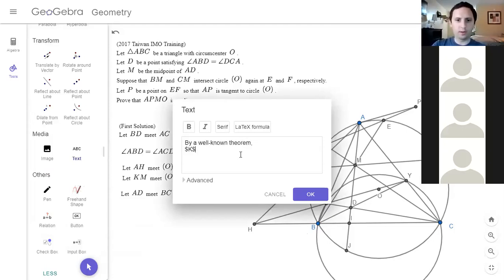So K is the Miquel point of BXYC, and DK is perpendicular to AH.